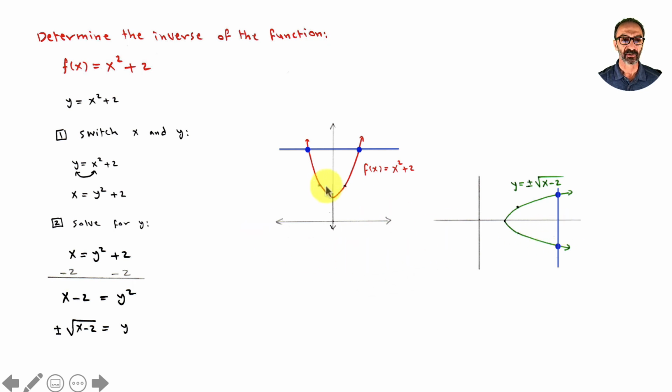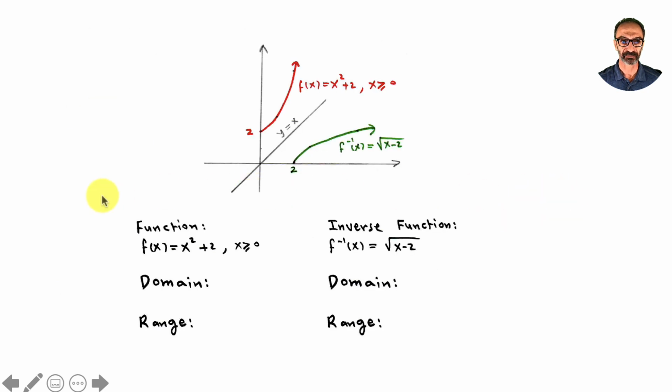Now, restricting the domain, we're gonna take one side only, and this will end up this side only. Let's take a look. f of x equals x to the second plus 2 such that x is greater than or equal to 0. Reflecting this about y equals x, you could see the reflection.